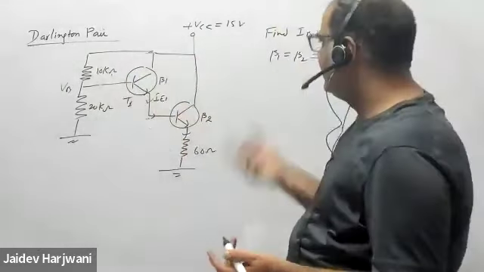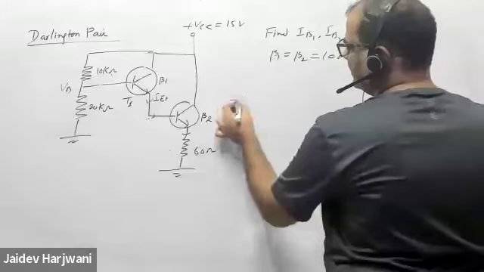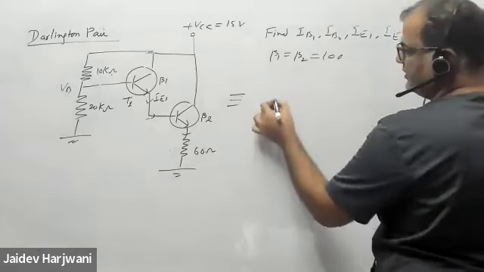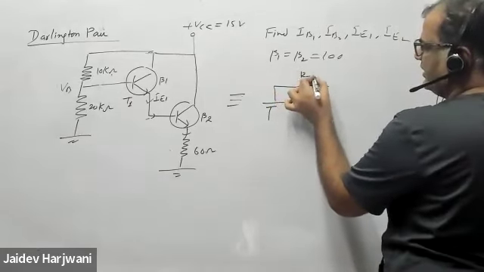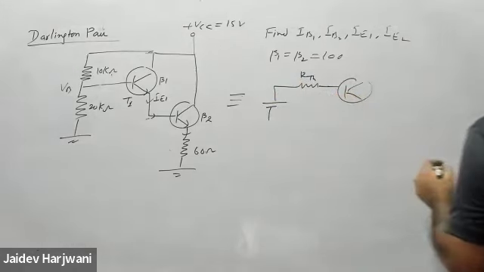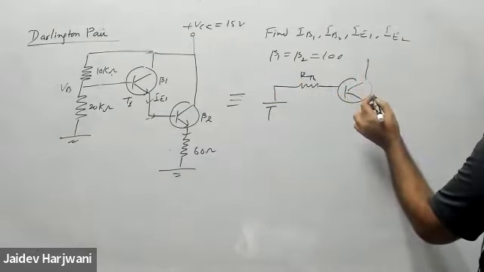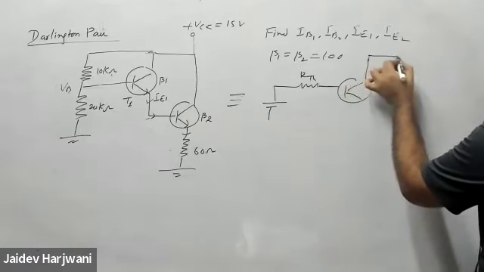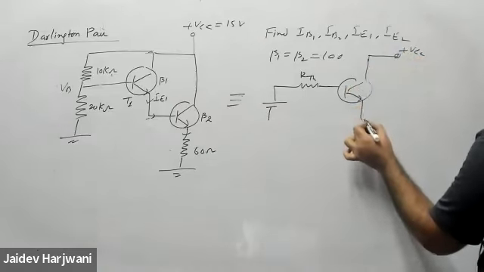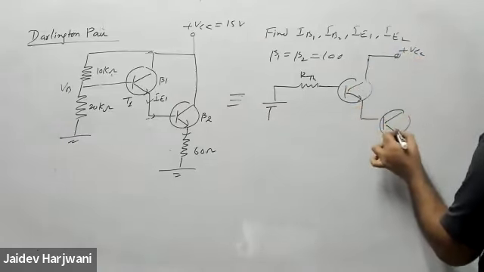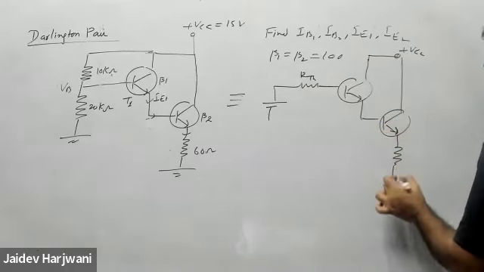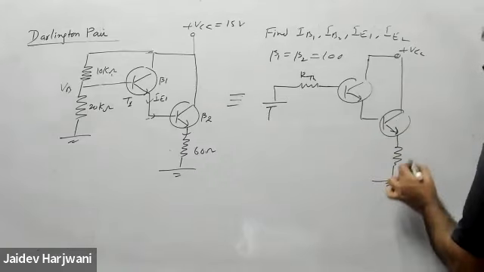Or else you make an equivalent circuit of this one. So this will come as V Thevenin, R Thevenin, and then you have the transistor connected to VCC, and this is your 60 ohm.